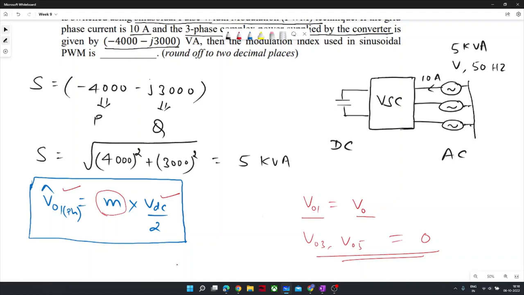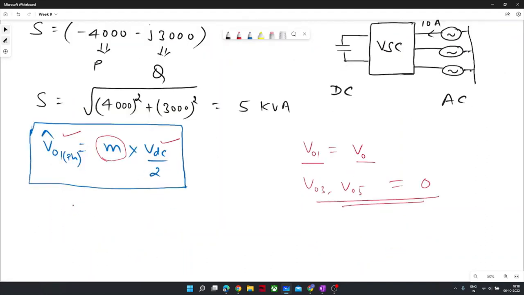And let me compute the voltage value here. So S is equal to root 3 VL RMS IL RMS. So 4000 is equal to root 3 VL into IL, which will be equal to the phase current.